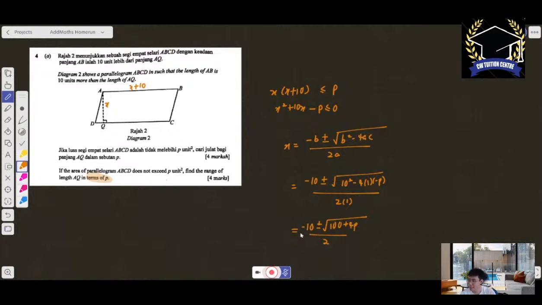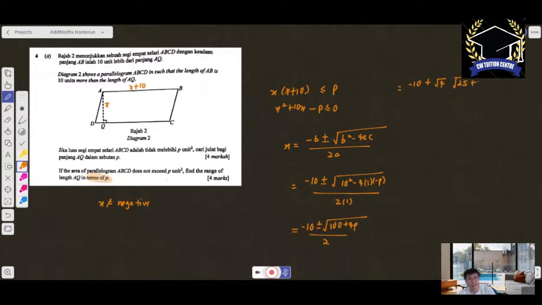Okay, so if I take a look on this kind of question, I can continue and do. Of course, I cannot take the negative version because X cannot be negative, never negative. So I only take the positive version. Negative 10 plus, I see that 100 plus 4P, I can take out 4.